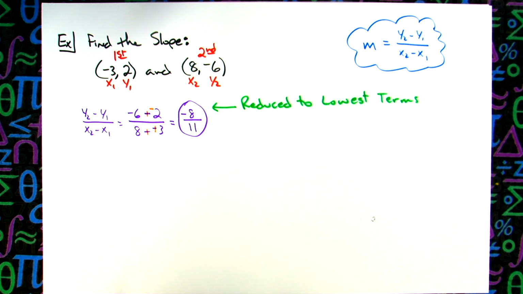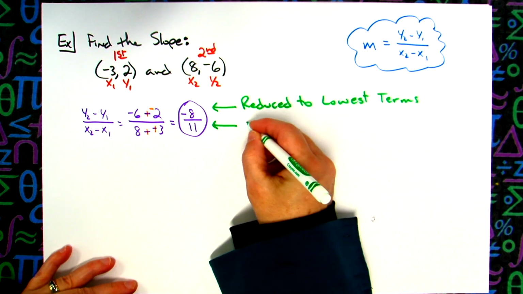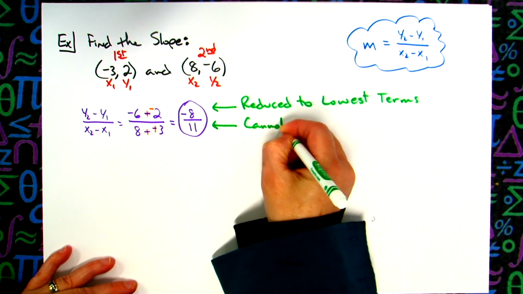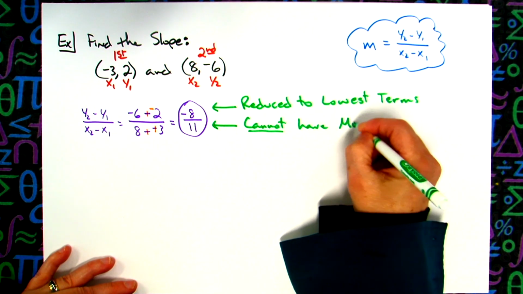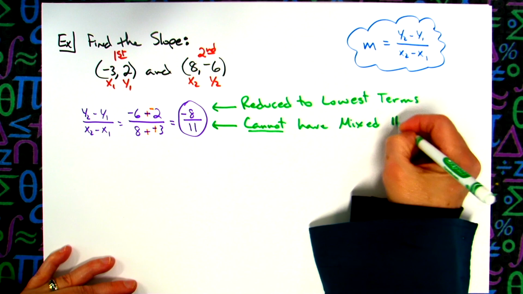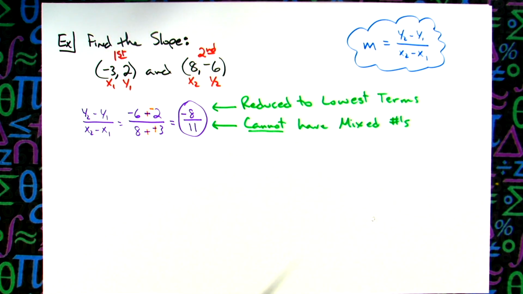Because I can take 2 into 8, but I can't take anything into 11, so it's in lowest terms. So I'm good there. Now the other rule, you cannot have mixed numbers. So if the top number turns out to be bigger than the bottom number, I don't care. I'm going to leave it that way.